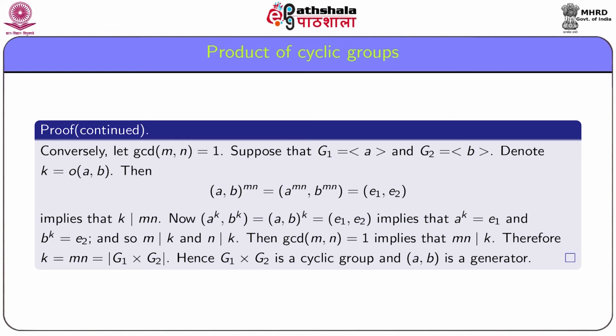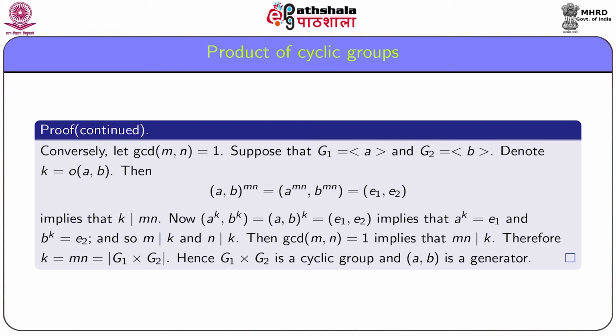We will prove that k is equal to mn, and thus it will be proved that the Cartesian product G1 cross G2 contains an element, the pair (a, b), of order mn, and hence G1 cross G2 is a cyclic group.